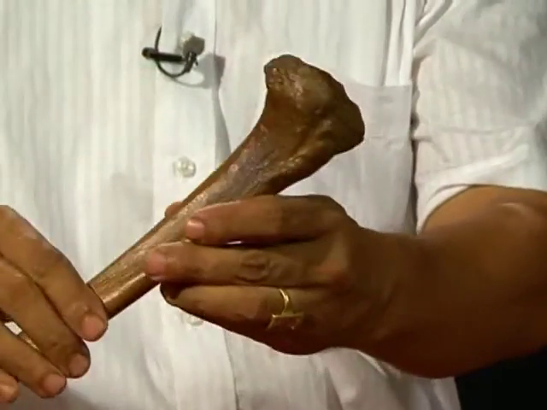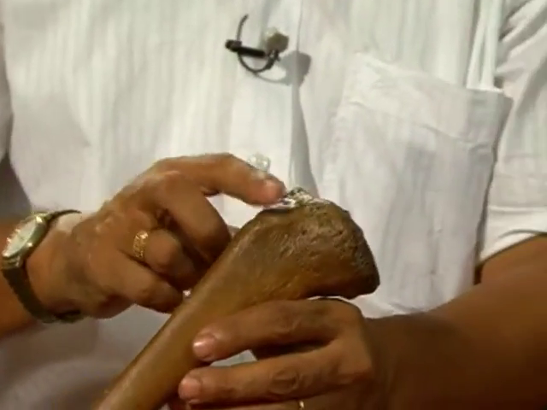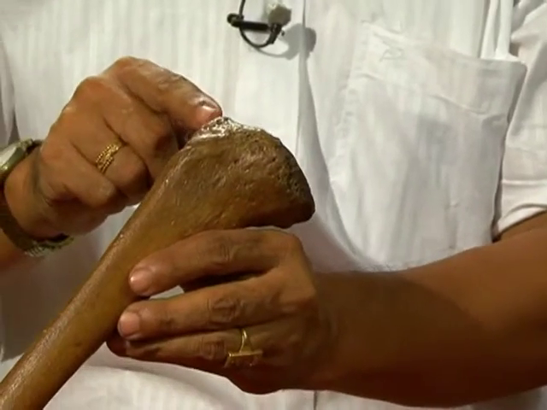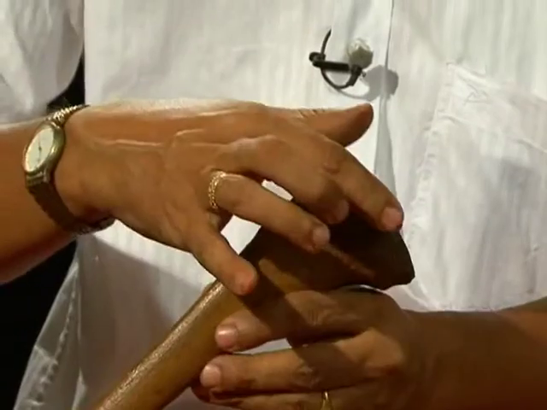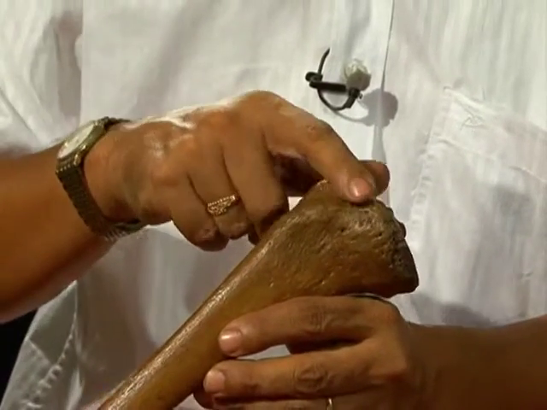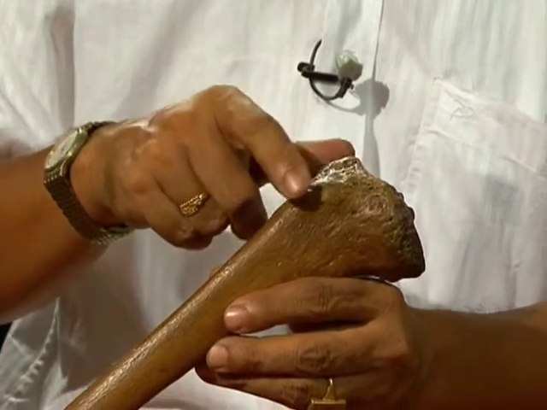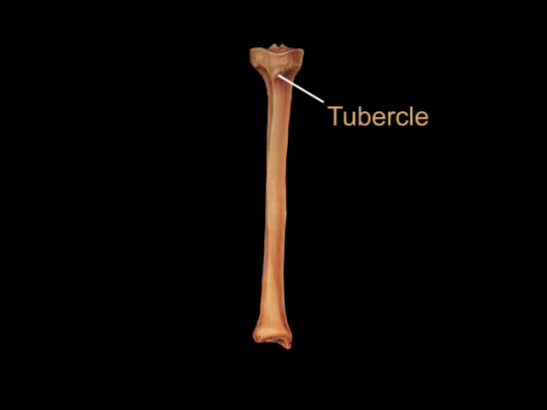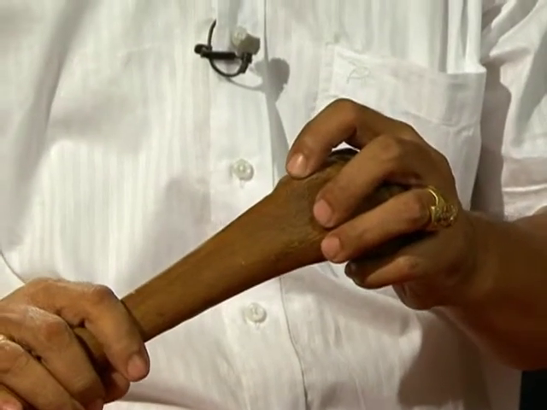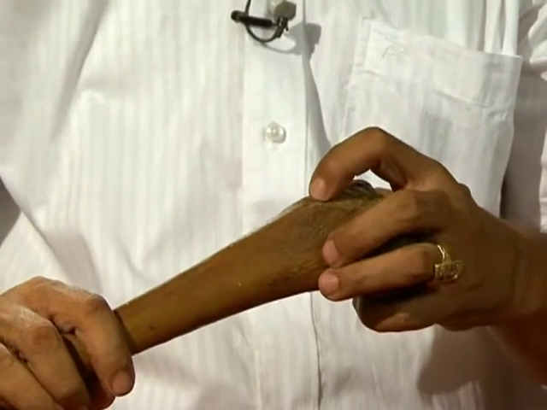But whereas on the front side, on the anterior side, these two tuberosities are not separated but are continuous and form a flat projection. This is called the tubercle. So now this constitutes the head of the tibia.